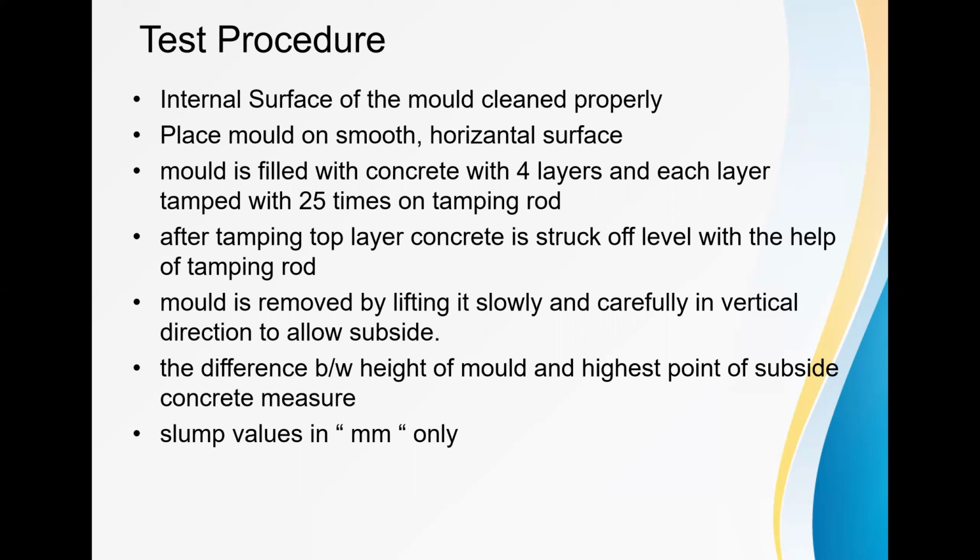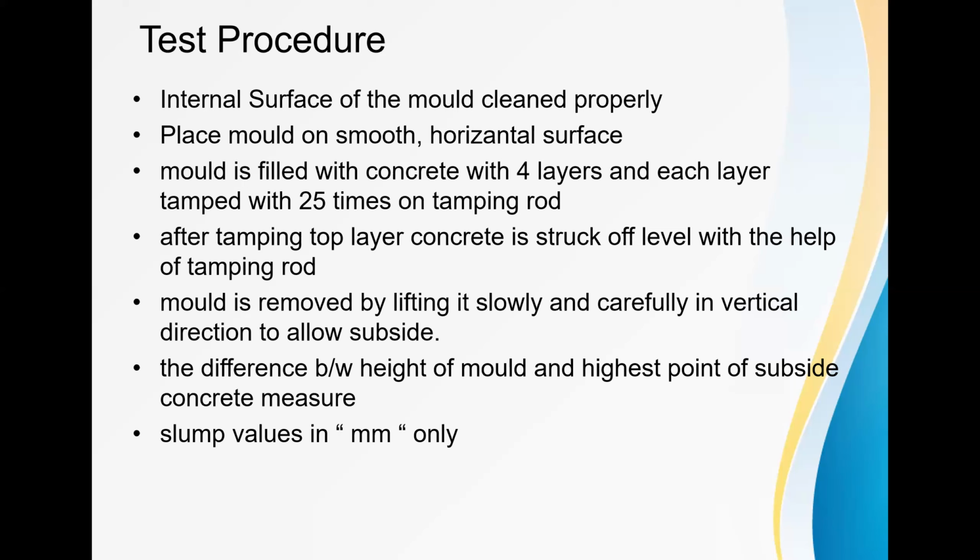Once done, the top layer of the concrete is struck off level with the tamping rod. Generally, at site we use a trowel, but strictly as per the IS code, we have to use only the tamping rod.